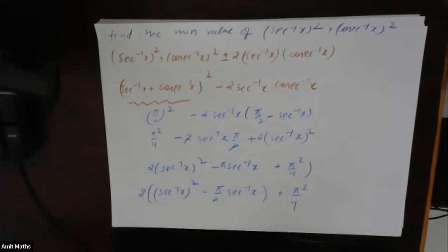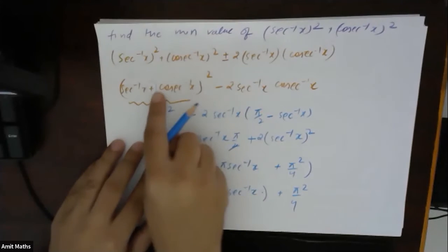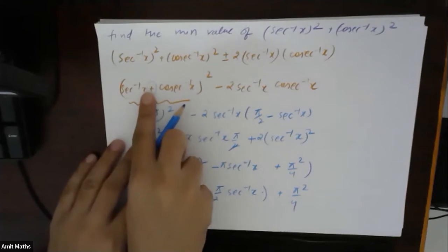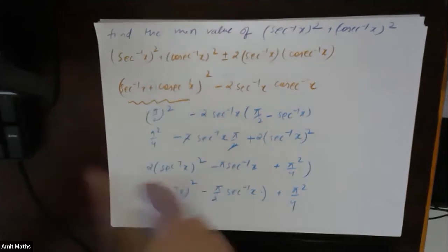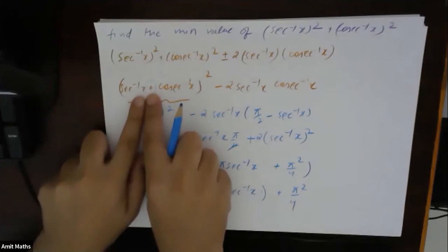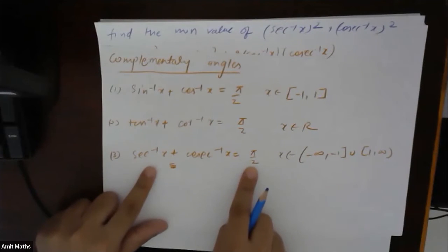In the last class, one of you asked, we converted the perfect square in minus, right? That was because today we have converted it in plus. What is the difference? Today we have to get this plus here because there is a property such that sec inverse of x plus cosec inverse of x is a constant.